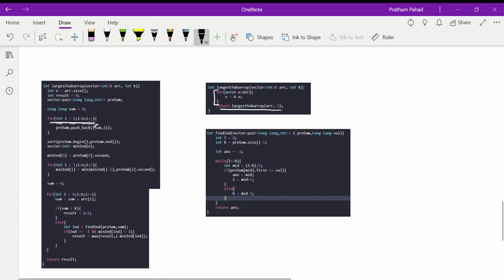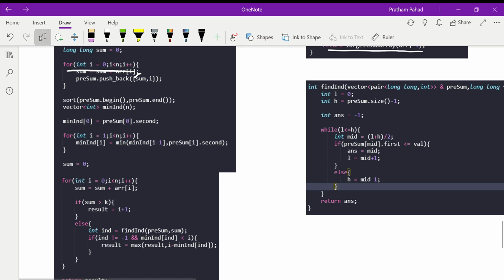After that, we are sorted. Now for int i equals 1, i less than n. Since we have already computed our 0th index, now we'll compute from the first index and make the minimum index. After that, we'll again initialize 0 and start sending the sum in our binary search.